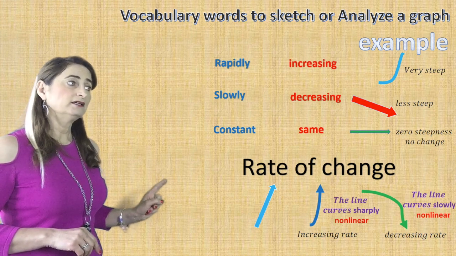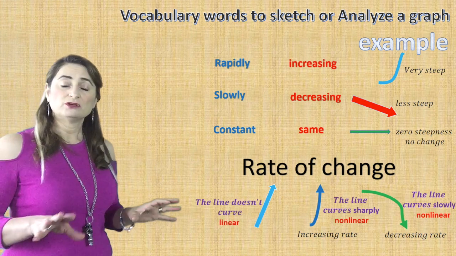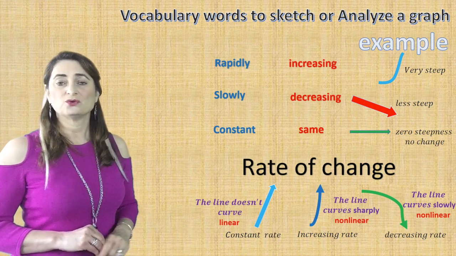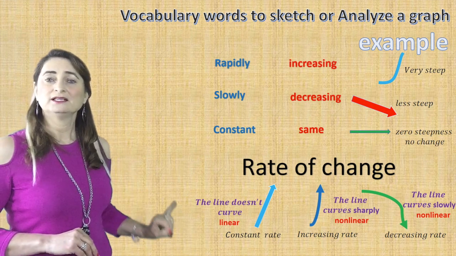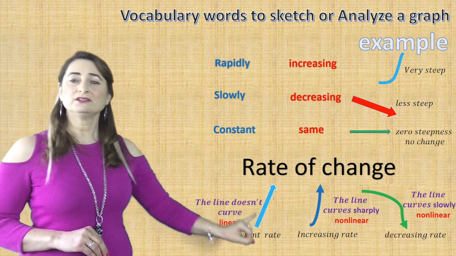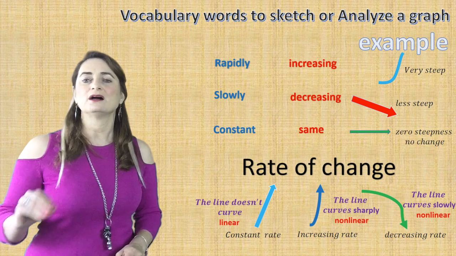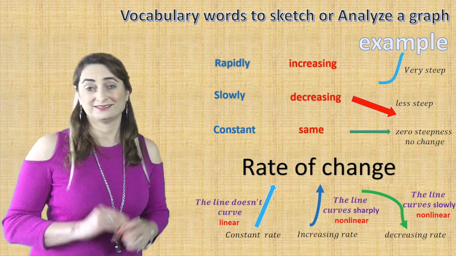And the last line does not curve whatsoever, which means linear, and we use constant rate for it. So if you have a linear line, you use constant rate. If the line curves, you use increasing or decreasing rate depending on the steepness of that curve.